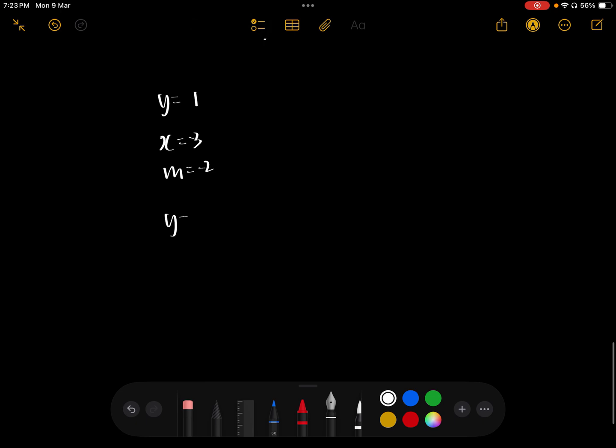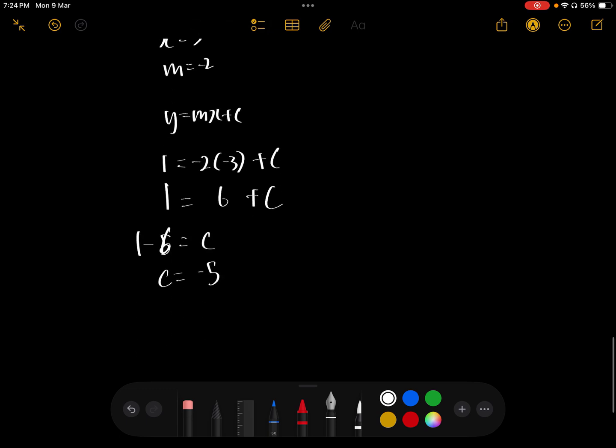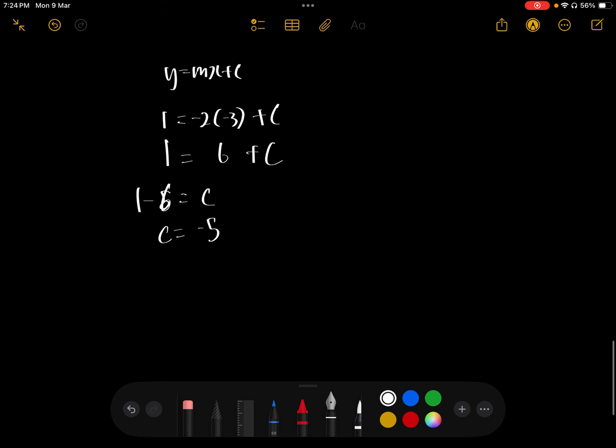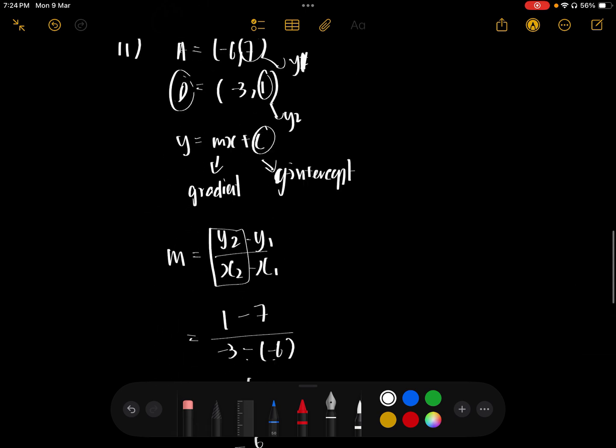That will be 1 equals negative 2 times negative 3, plus c. Negative 2 times negative 3 you get 6, and 1 equals 6 plus c. So c will be minus 5, 1 minus 6 equals c. C is negative 5. So what should your equation finally be? Y equals to your gradient, negative 2, x plus, is it plus? No, because your y-intercept is a negative, right? So minus 5.